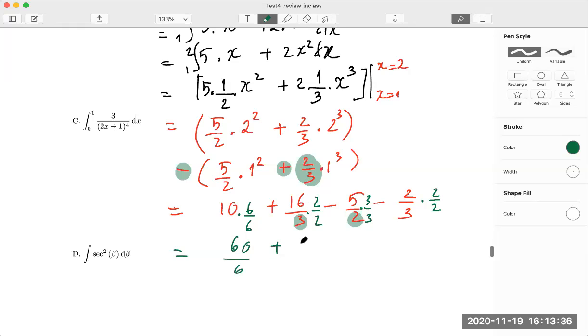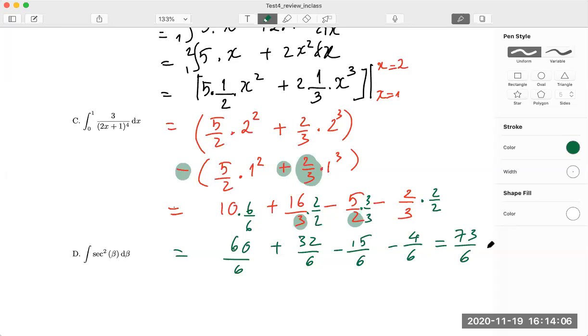And here it will be 32 over 6 minus 15 over 6 minus 4 over 6, right? Then 32 minus 15 gives us 17, minus 4 is 13, 13 plus 60, it will be 73 over 6.